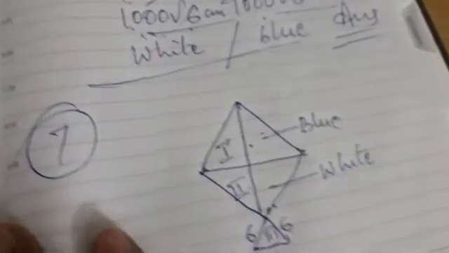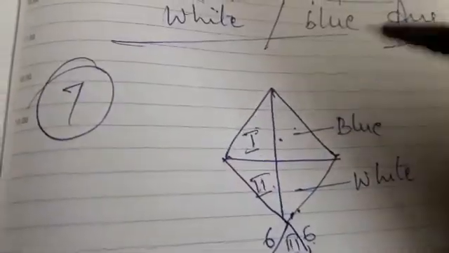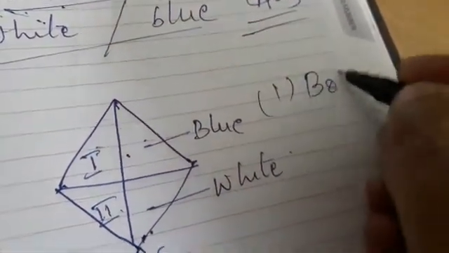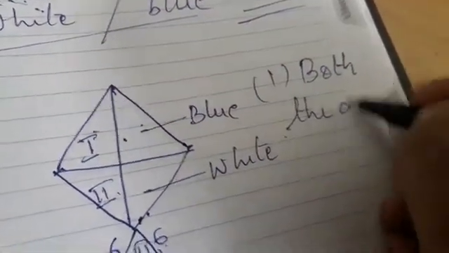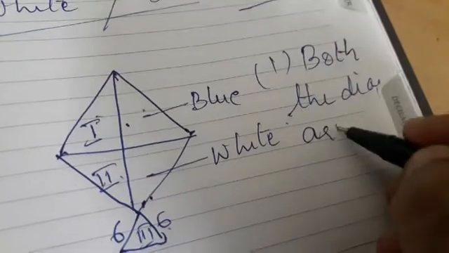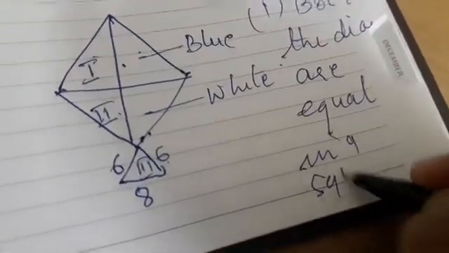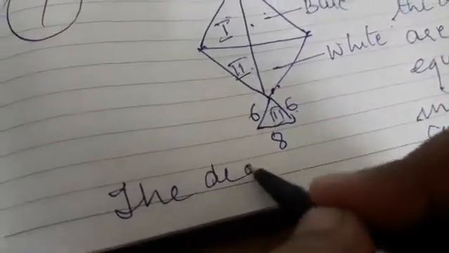Now as you know that in a square both the diagonals are equal. So you have to learn this property: both the diagonals are equal in a square. And one more thing you have to remember, that the diagonals bisect each other.